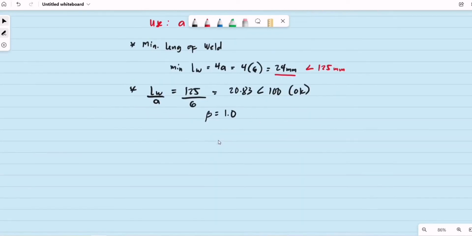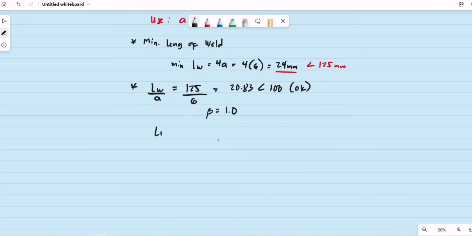For cases where, for example, the length of the weld over A is greater than 100, we compute the value of the multiplier beta, which is equal to 1.2 minus 0.002 multiplied by L sub W divided by A. But the limitation of this multiplier is that it should be less than or equal to 1.0. Maybe we can discuss this factor in another example. But for this case, it is simply equal to 1.